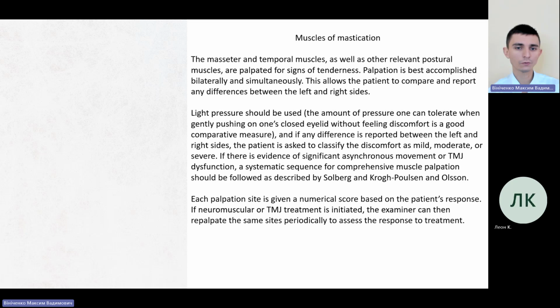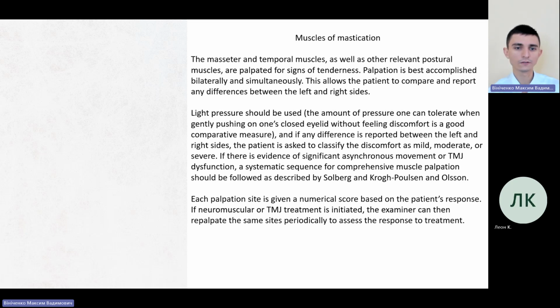The amount of pressure one can tolerate when gently pushing on one's closed eyelid without feeling discomfort is a good comparative measure. And if any difference is reported between the left and right sides, the patient is asked to classify the discomfort as mild, moderate, or severe.